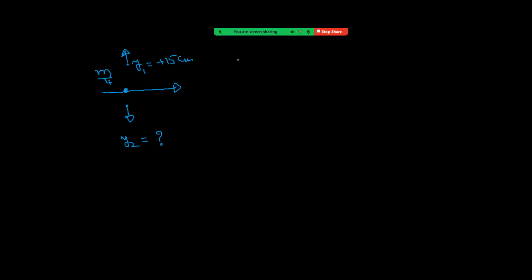See carefully. Net force equal to rate of change of momentum with respect to time. From this, what we can say? Change in momentum is equal to F net into dt, right?